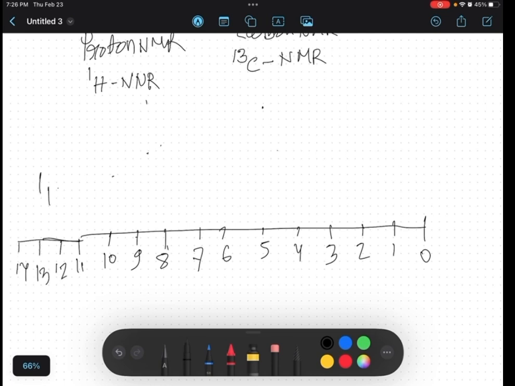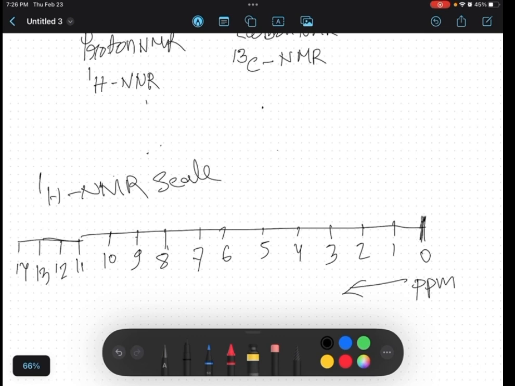So this is the proton NMR scale, and this scale is called ppm.